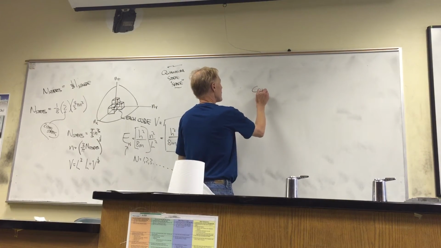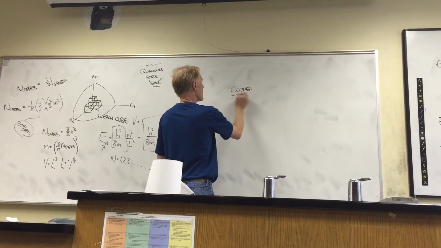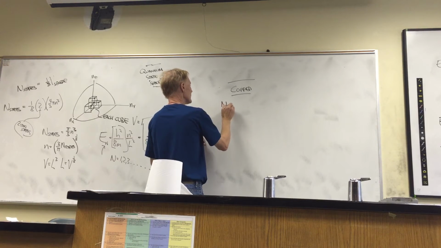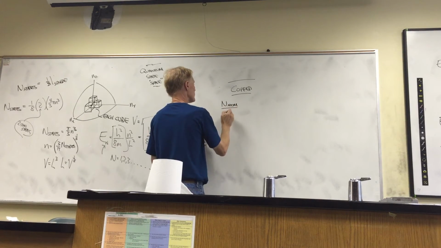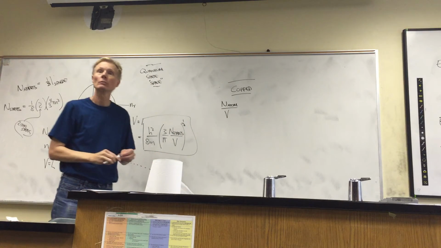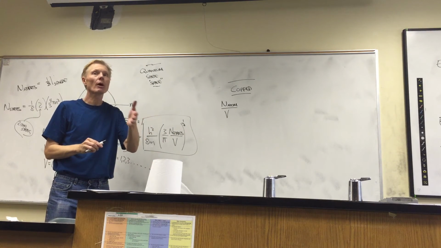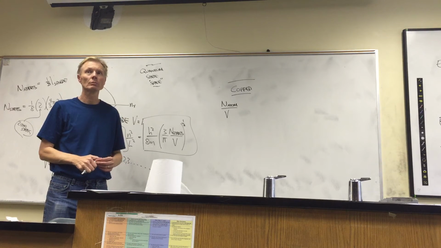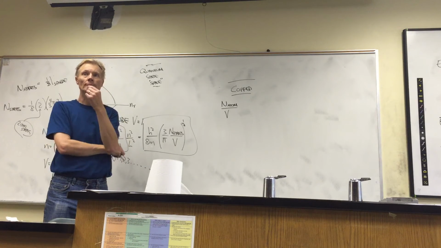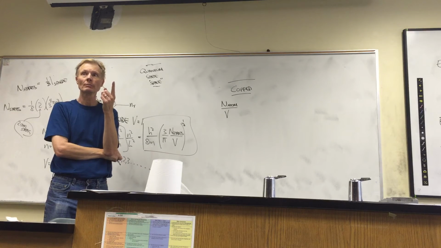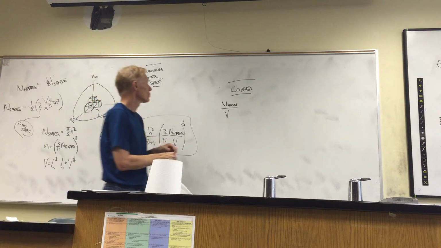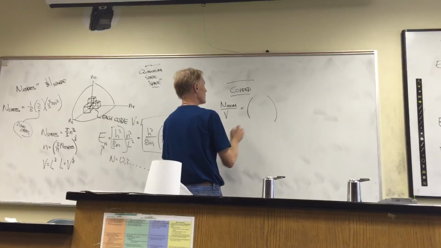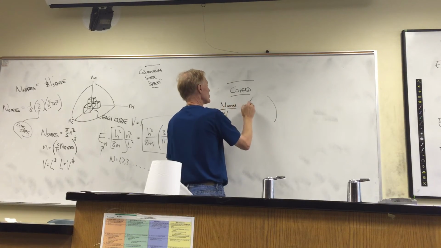So let's ask this problem, and then I think we'll have to wrap it up here and move over to the other room. For copper, how can I calculate the number of atoms per volume? How many atoms of copper are there in a certain volume? What would I need to know? 2 things. Molar mass, density. That's it. So I need a molar mass and a density. And the molar mass, I want number of atoms.